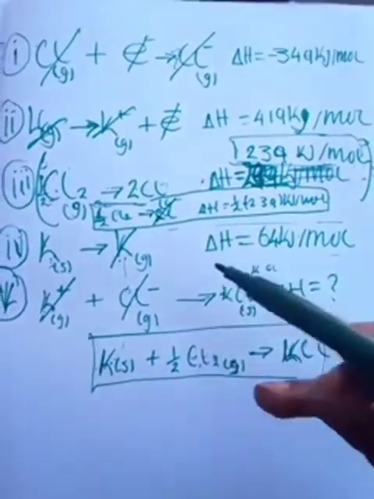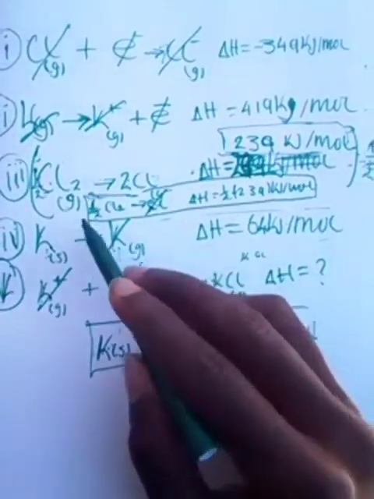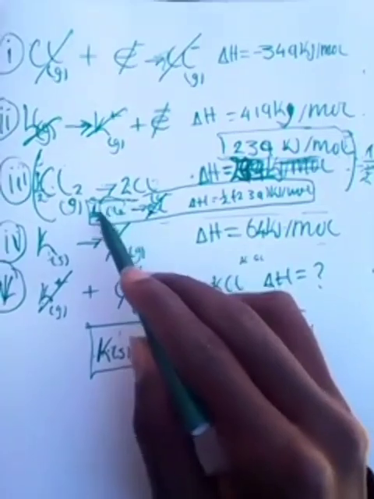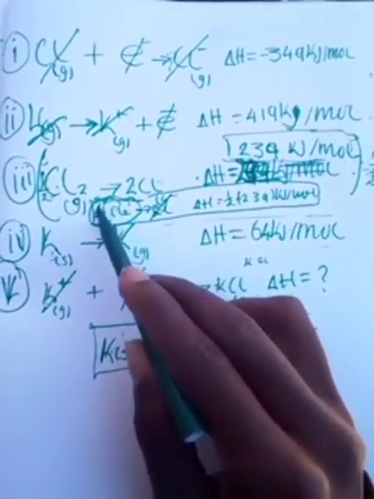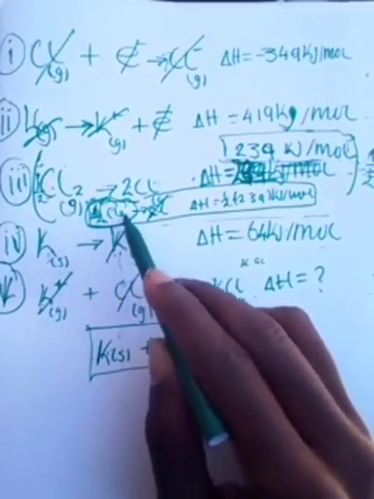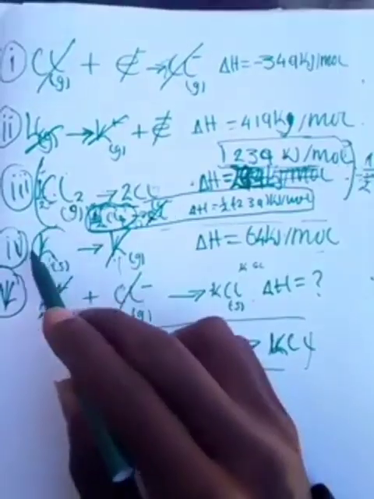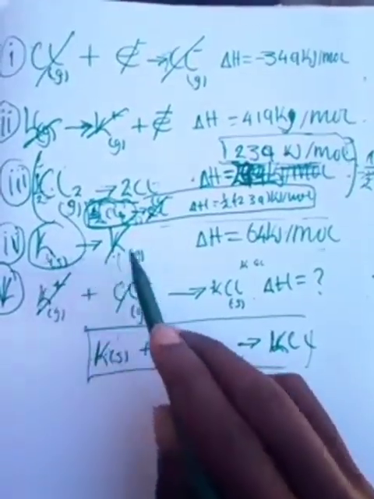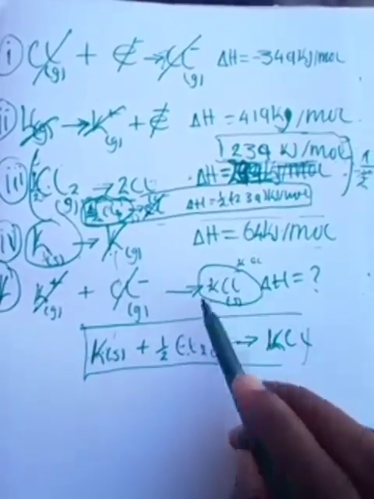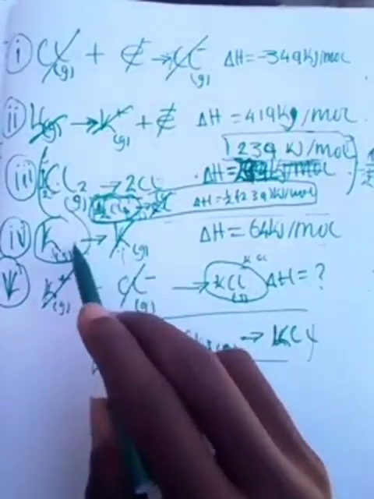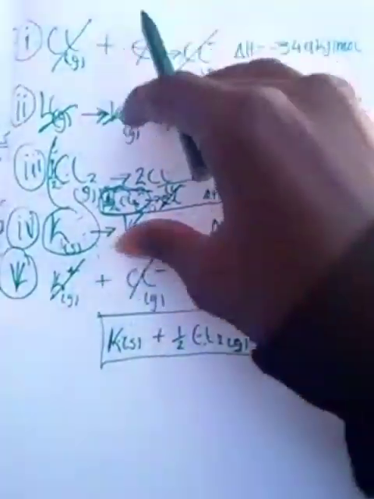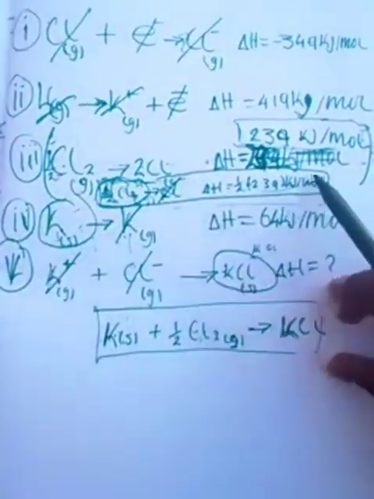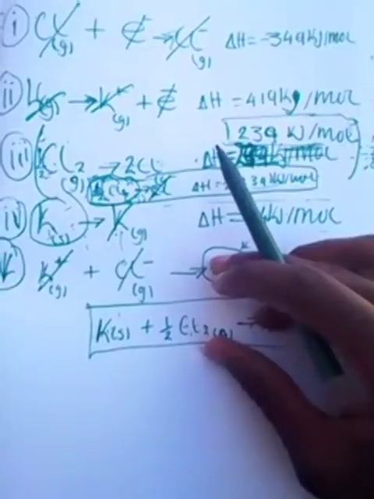So if you see, the ones that won't be cancelled out are this one, Cl2, with a coefficient of 1 over 2, which is also a gas, and this one, potassium, which is a solid, and this one, right? So these are what we are going to get when you sum up, meaning that we are going to get back the equation they have given us for enthalpy of formation.